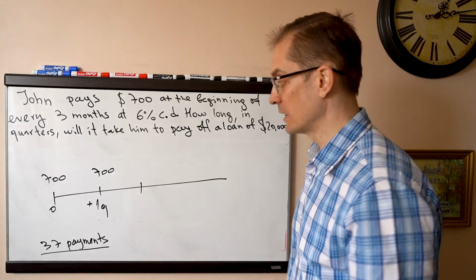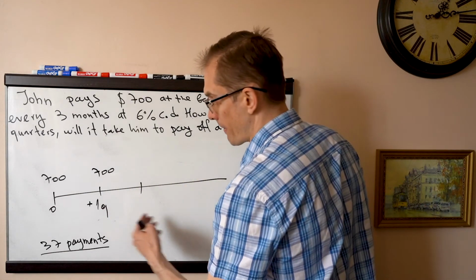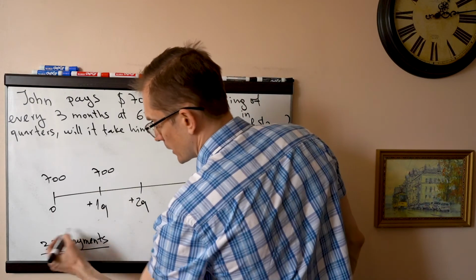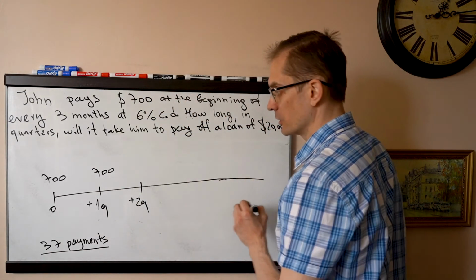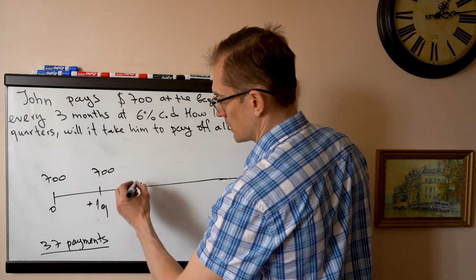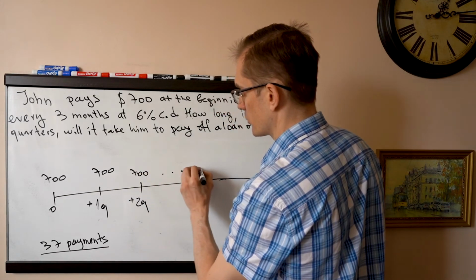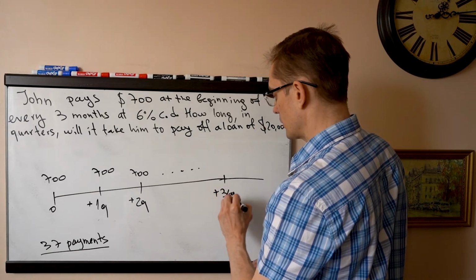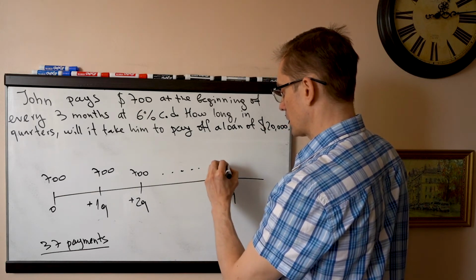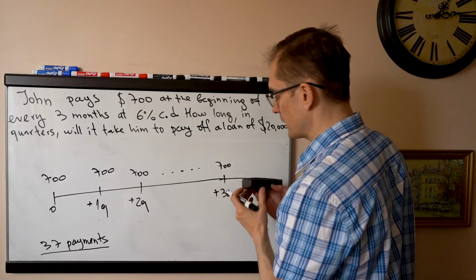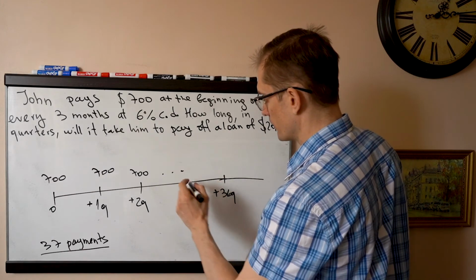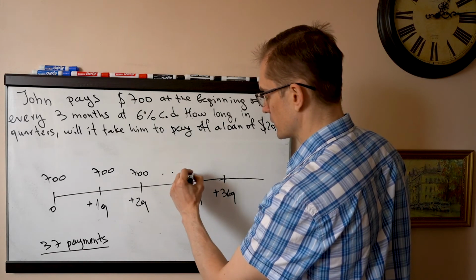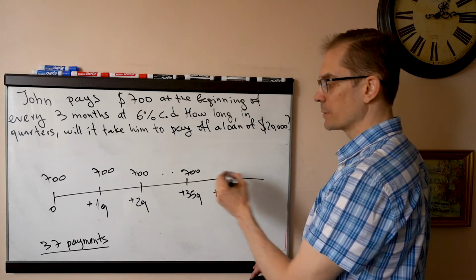No time has passed. But ultimately, using the same logic and returning to that result that we got, we have another payment here, so then it will be continuing. So, you know, the last payment, somewhere plus 35 quarters we have some whole $700 payment, and then there will be a partial payment, right?